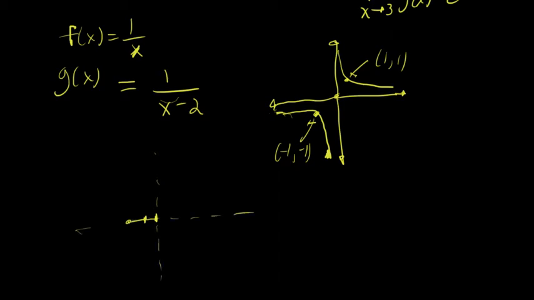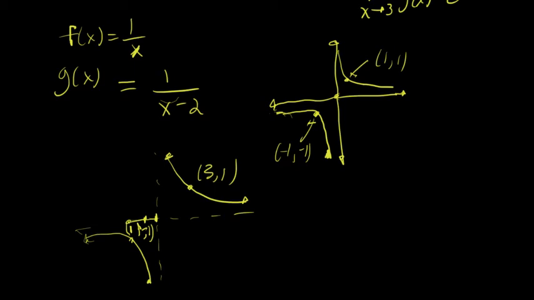And it'll look like this. Instead of 1, 1 being on the graph, you'll have 3, 1. Instead of negative 1, negative 1, you'll have 1, negative 1, because 1 is 2 bigger than negative 1.